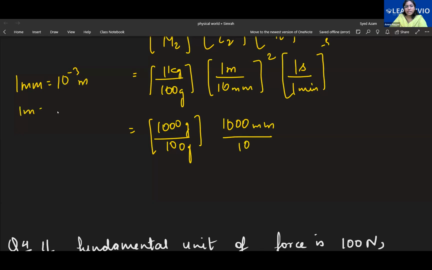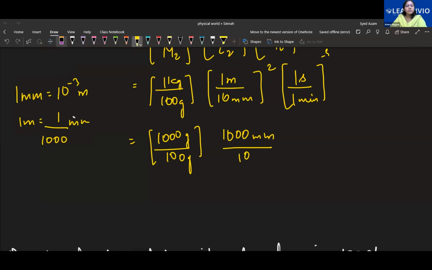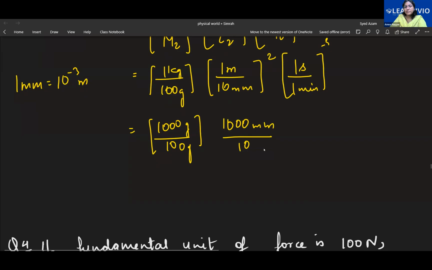So 1 meter is 1 by 1000 of millimeter. Milli means 10 to the power minus 3, and millimeter whole square is present. And 1 minute, we can convert as 60 seconds, to the power minus 3.